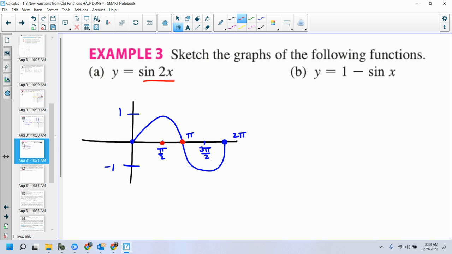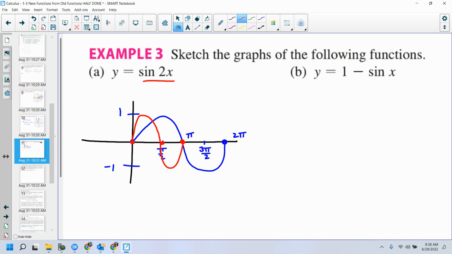This point goes over to here, transformed to here. Pi goes to pi over 2. So where are my peaks and valleys? 0 obviously stays 0, right? Where are my peaks and valleys now? They're actually in the middle there, aren't they?